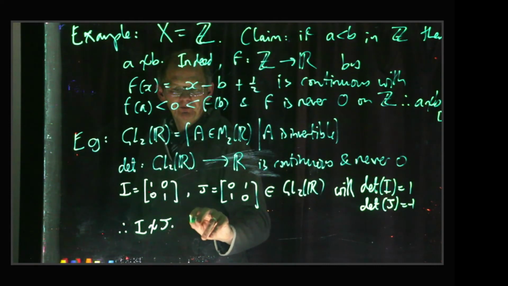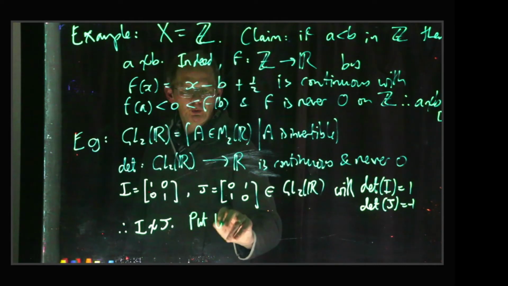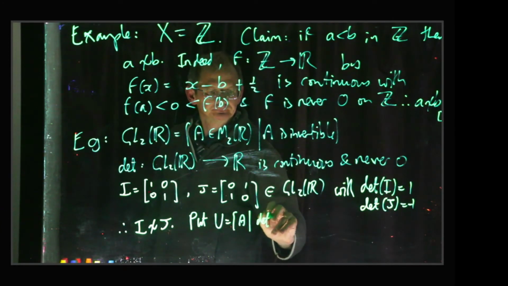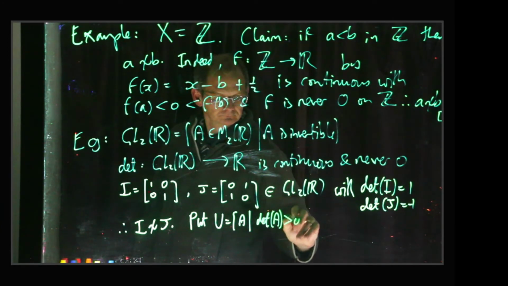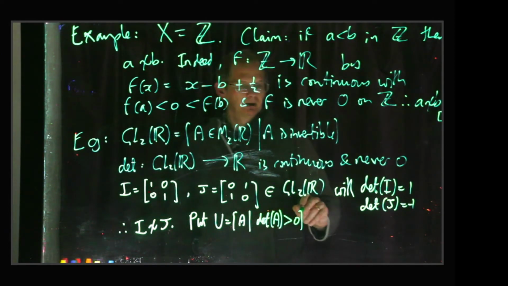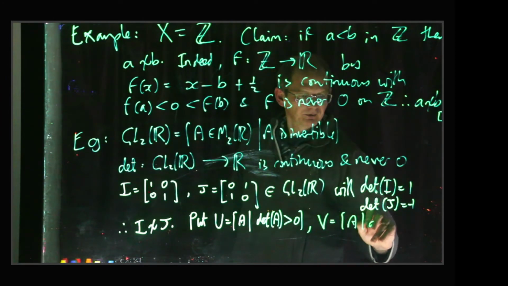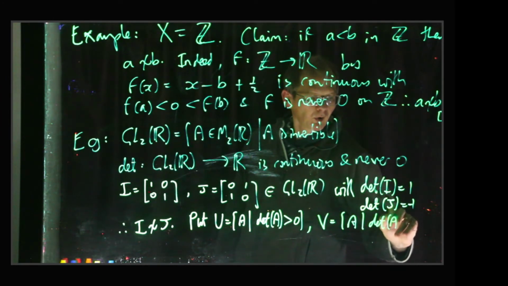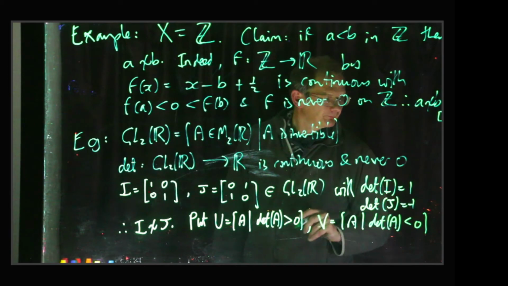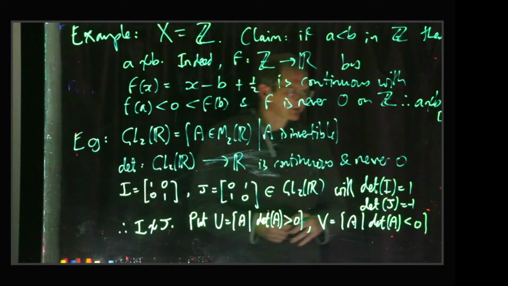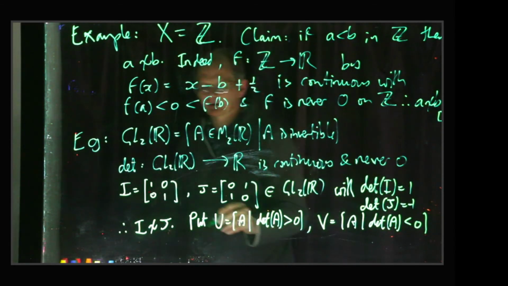And just extending that story a little bit, if we put U to be the set of A such that det A is positive, and V the set of A such that det A is negative, then you can check that these are actually both path connected.